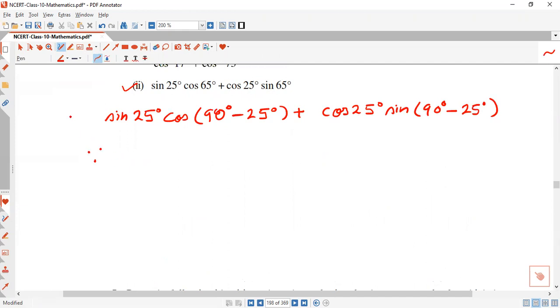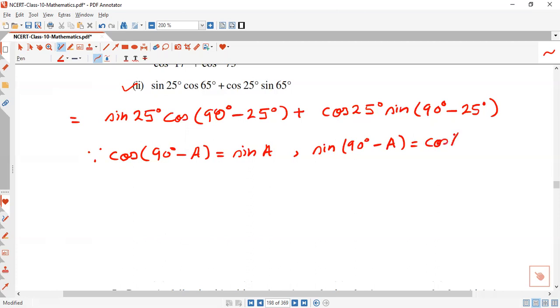I have already told you that cos of 90 degree minus A equals sine A, and sine of 90 degree minus A equals cos A, if angle A is an acute angle, meaning the angle lies in the range of 0 degree to 90 degree. So here the equation becomes sine 25 degree into sine 25 degree plus cos 25 degree into cos 25 degree.